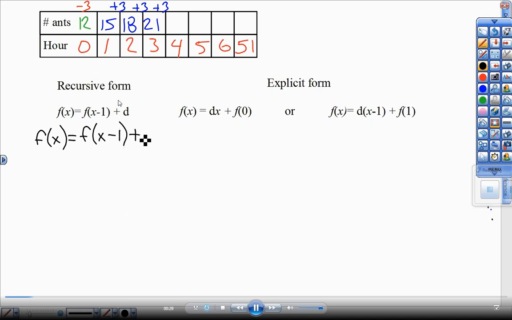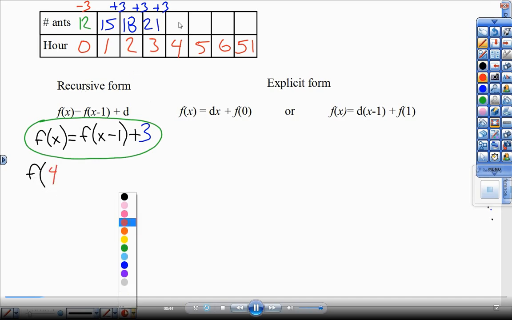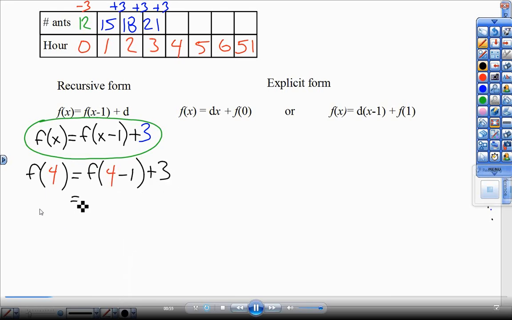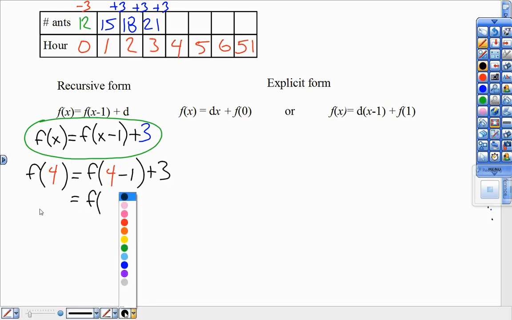So if I wanted to write the recursive form, I replace that d with the number that I'm adding each time. That is the equation in recursive form. And of course, to use it, to find any term in the sequence, use the one before it and keep adding 3. To show the work for it, I plug in 4. 4 for x gives me 4 minus 1 plus 3, the function at the third term, plus 3.